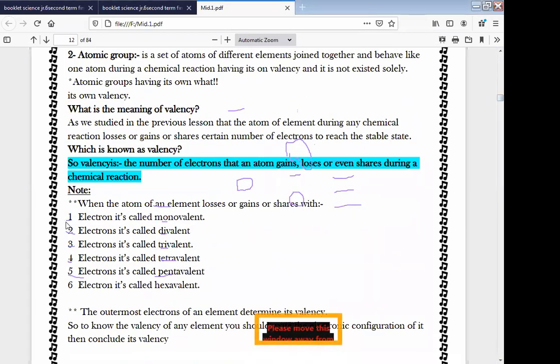If it loses, gains, or shares by one, it's monovalent, one by the meaning of mono. Two, di. Three, tri. Four, tetra. Five, penta. Six, hexa. This is the name of the numbers in science: mono, di, tri, tetra, penta, hexa.